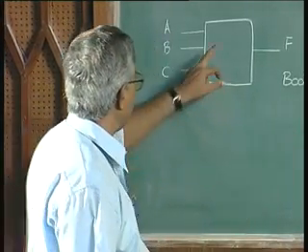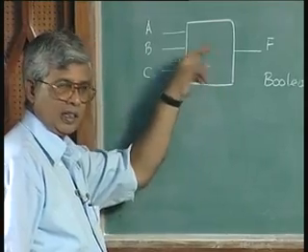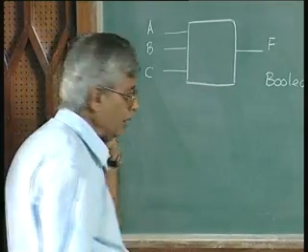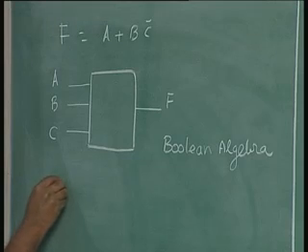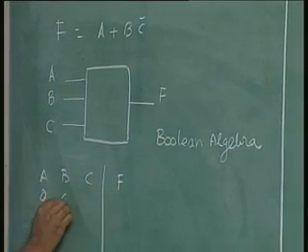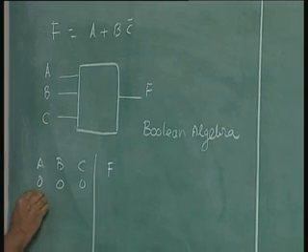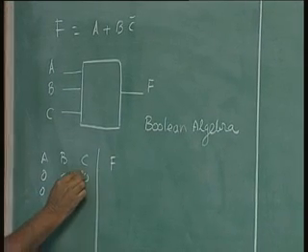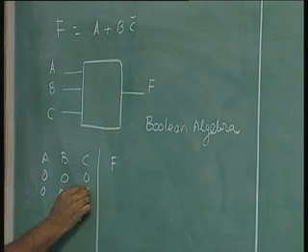So, let us again take the same example, this given digital circuit which we wanted to implement. If you remember, there are 3 inputs, and the 3 inputs can have 8 different combinations.